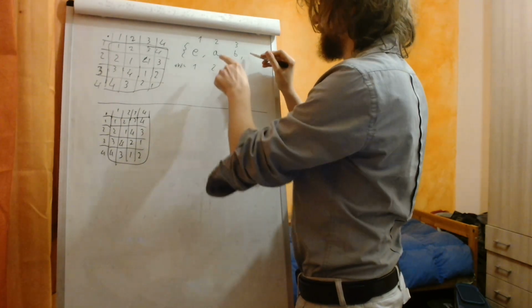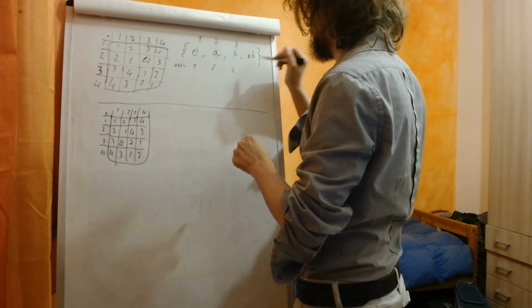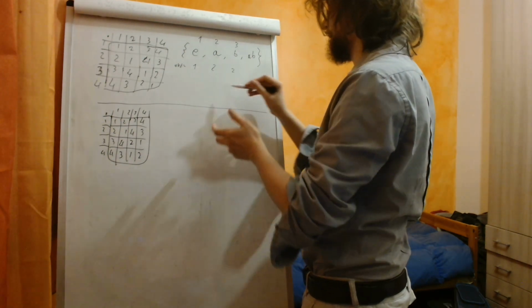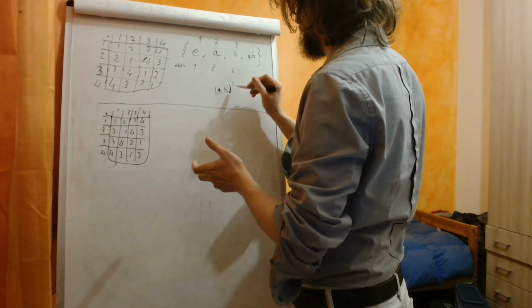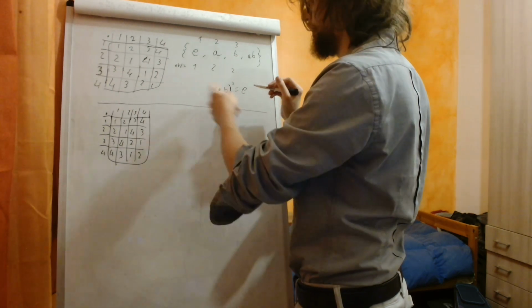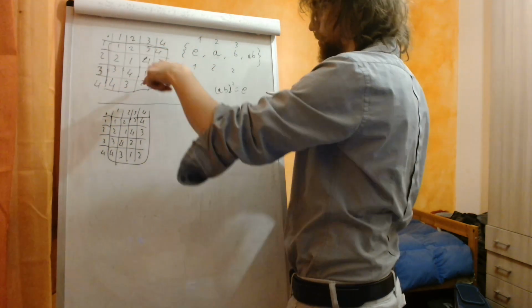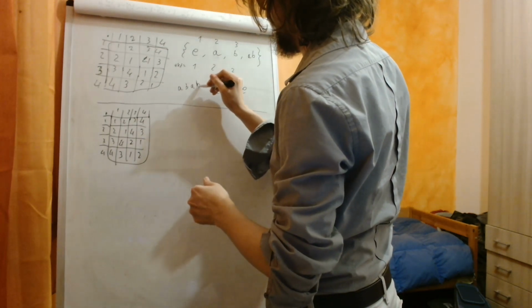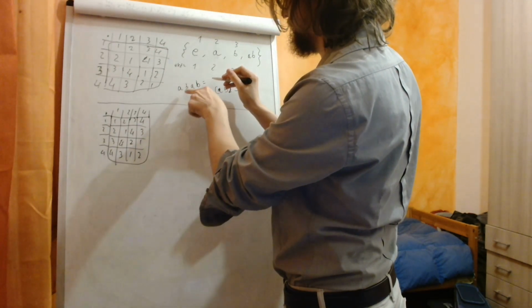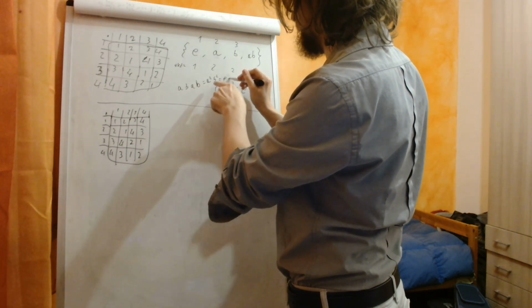So here we must have, by closure, a times b, and a times b squared equals e. This can be verified also because it is symmetric with respect to the diagonal, so it is abelian. So ab times ab, we can exchange b and a, and we have a squared b squared equals e times e equals e.